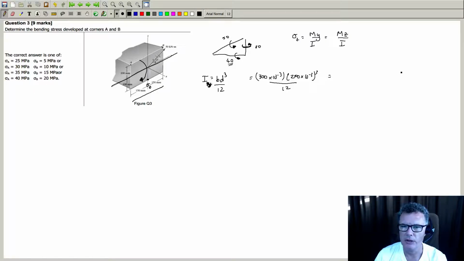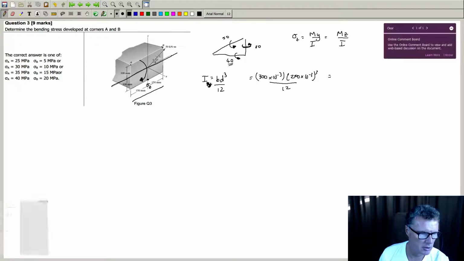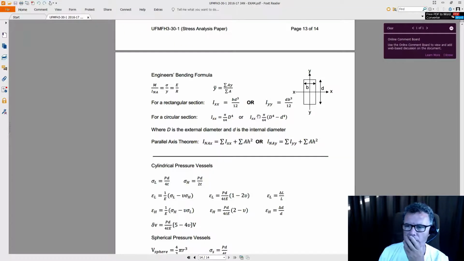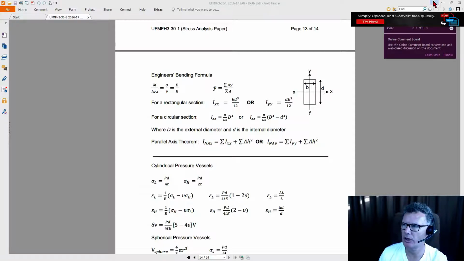Actually, let's check what the notation would be. Got this going in the Z direction. So what's the Y here? Breadth. So it's this one here, XX. So it's named after the axis it's turning around.